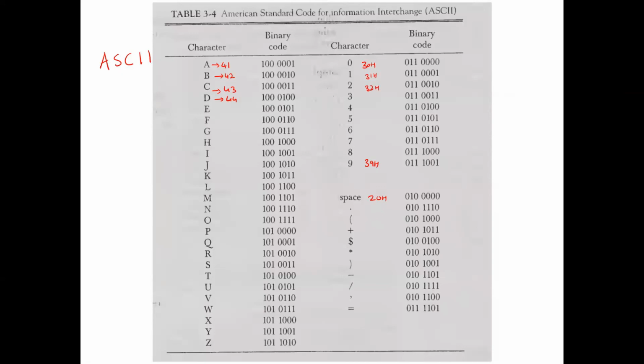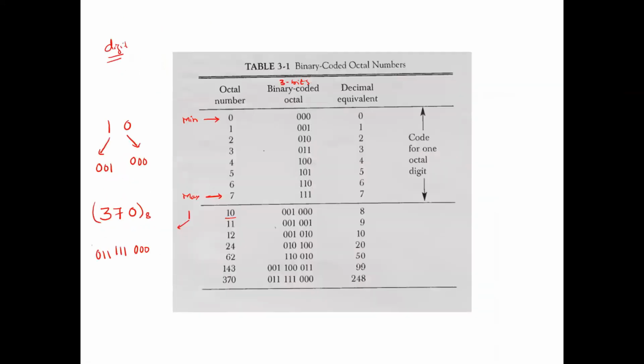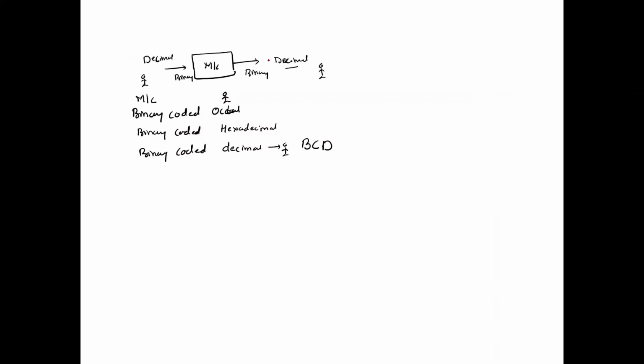See, ASCII, like here what we said, machine understands only binary, right? And we understand decimal. So there must be a mechanism to code the decimal into binary. That mechanism we call binary coded decimal. If this person understands octal, then we must have a method to code octal, so binary coded octal.